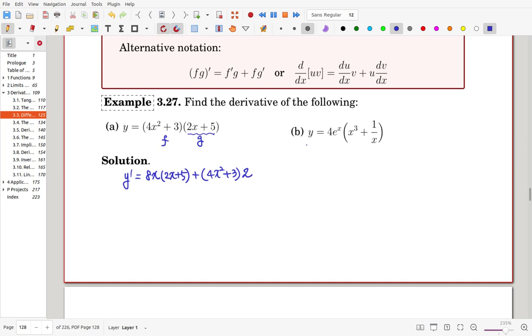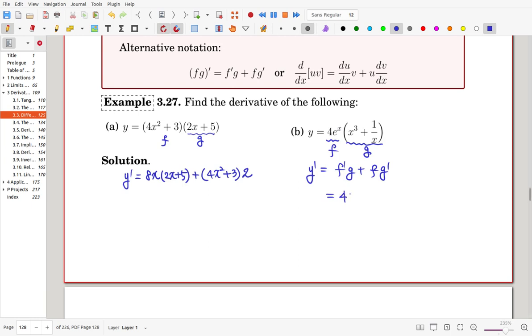Now, for this one, you may think this is f, and that is g. Then y prime is, let's write down here, f prime g plus f g prime. What is f prime? The derivative of 4e to the x is the same, 4e to the x.